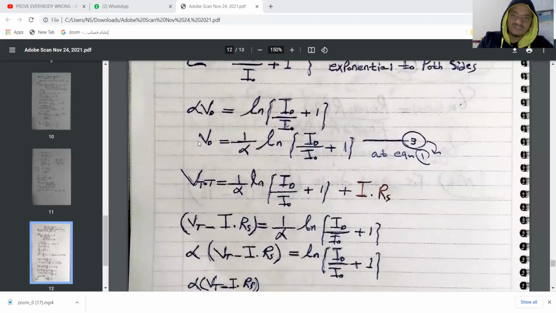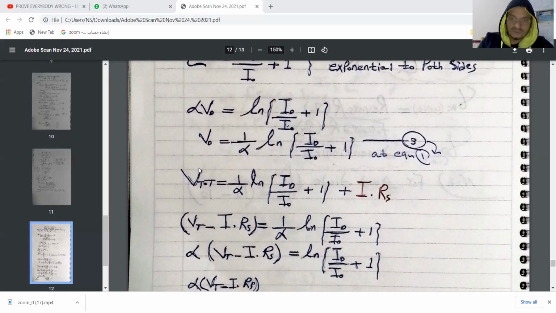That means here VD equals 1 divided by alpha times ln of ID divided by I naught plus 1. We will use this equation a lot in the next lecture, because it is very important. The dynamic voltage equals 1 divided by the diode constant times ln of dynamic current over saturation current plus 1.